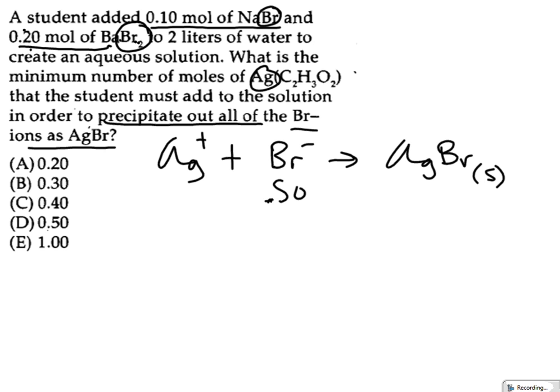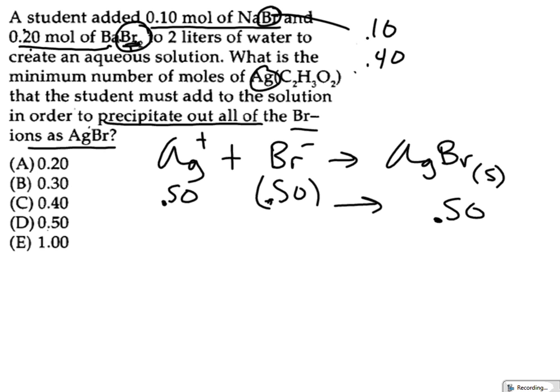I'm actually going to get 0.4 out of that. So I have 0.5 total. How much silver would I have to add? I would have to add 0.5 moles of silver. To precipitate out, I would get 0.50 moles of AgBr as a solid. That's an example of gravimetric analysis. When they're trying to precipitate something out, that's gravimetric analysis.